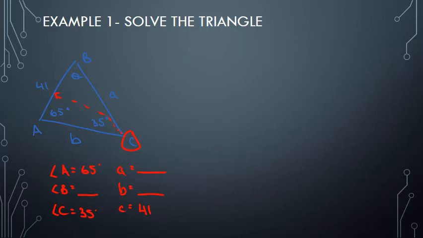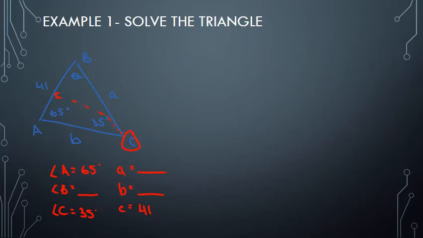Now the order doesn't matter. There's sometimes a smarter order, and there are a few different ways you can do it. But the first thing to know when you're using sine law is that you need one complete angle-side pair, meaning you need to know an angle and the side length.